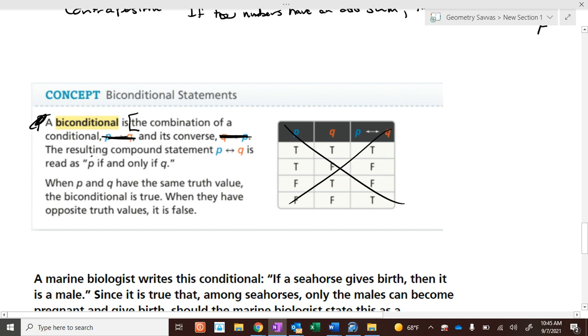And it always has if and only if. So if you write the parts in the brackets, a combination of a conditional and its converse, put a comma, then it'll say if and only if. So if you have if and only if, you're looking at a biconditional.